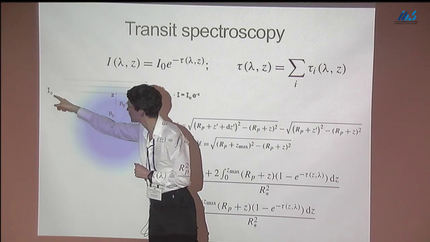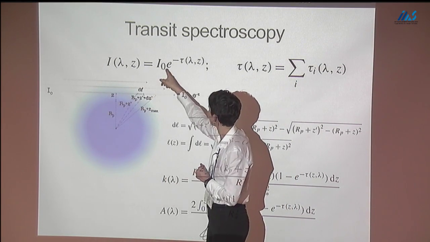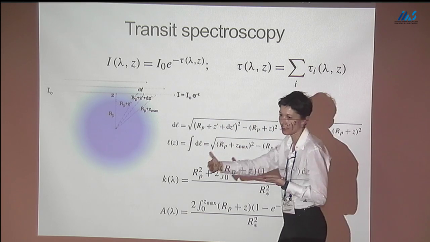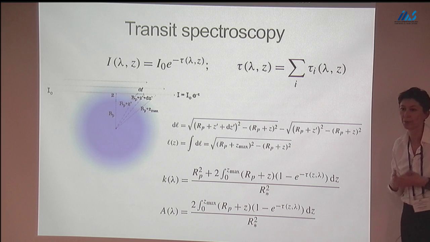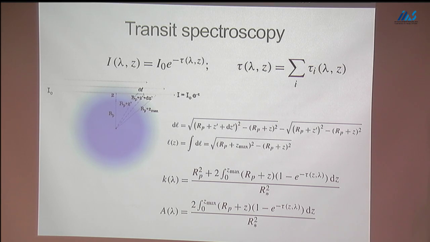The initial intensity is I0, and then there is an exponential decrease due to the opacity of the atmosphere. This opacity depends on the cross-section of the particular absorbing molecule, on the density of the atmosphere, and on the fraction of that density occupied by a particular gas.